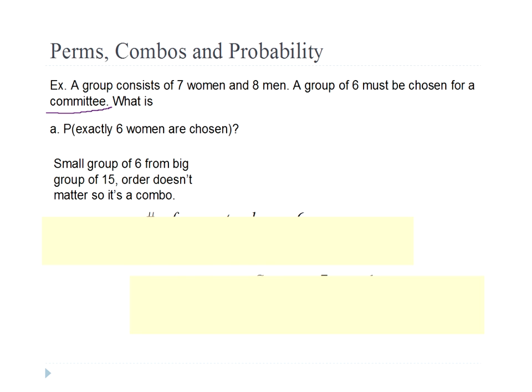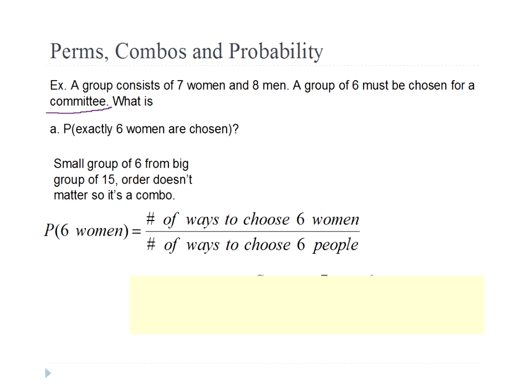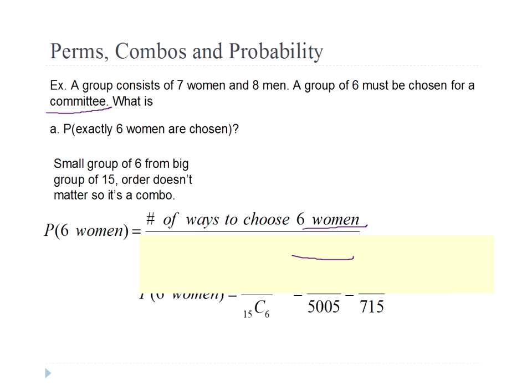But what you notice is that I have to look at how many ways I can choose 6 women. That's how I get success in this scenario. Versus how many ways to choose 6 people. Choosing 6 people is fairly easy. That's 15 choose 6. I've got a big group of 15 people, and I'm choosing 6 of them.